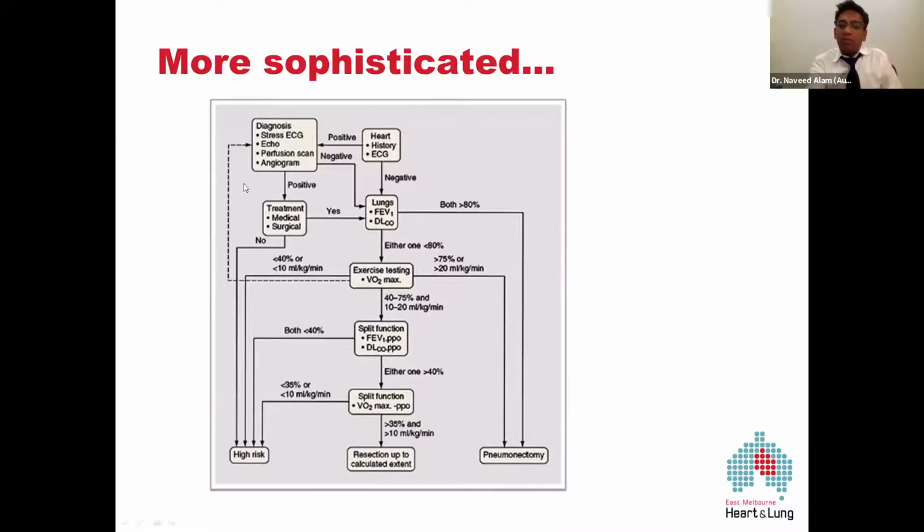But more from a pulmonary standpoint, you want to know what's their FEV1, what's their DLCO, and if they make certain cutoffs, and we know the big picture ones: if you're going to leave someone with more than 40% of their postoperative predictive FEV1 or DLCO, then you probably can go ahead with surgery. If you're going to leave them with less than 30, then you probably can't go ahead with surgery, and in between is where you might want to do some other tests. That's just a quick nutshell assessment.